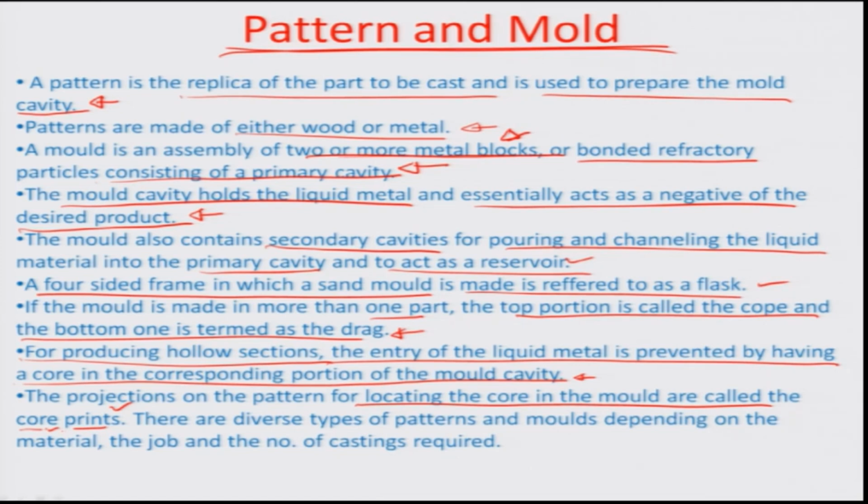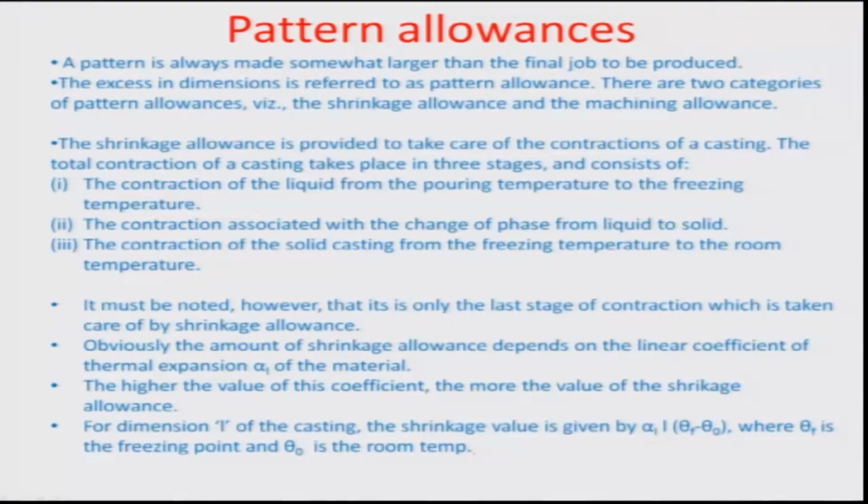There are diverse types of patterns and molds depending on the material, the job, and number of castings which are needed. And the first important consideration which one has for designing these patterns are pattern allowances. A pattern is always made somewhat larger than the final job that is to be produced, obviously, because the excess in dimensions is because of this rapid cooling and shrinking action of the material.